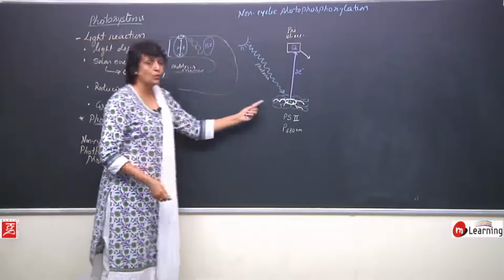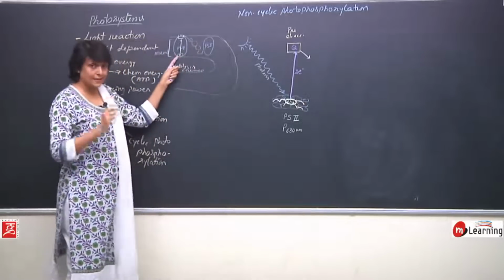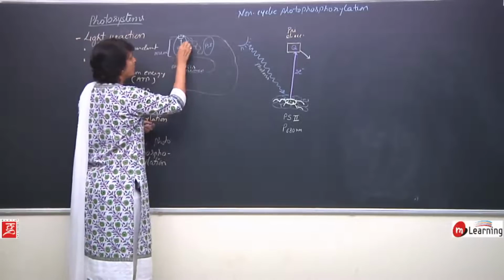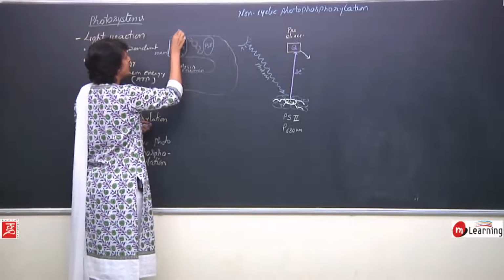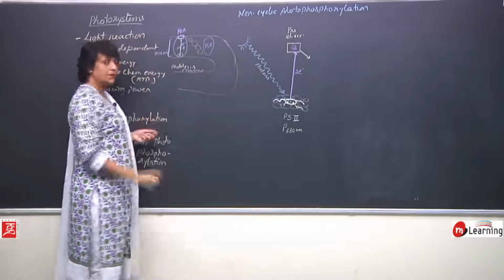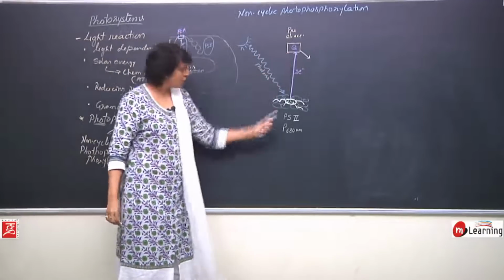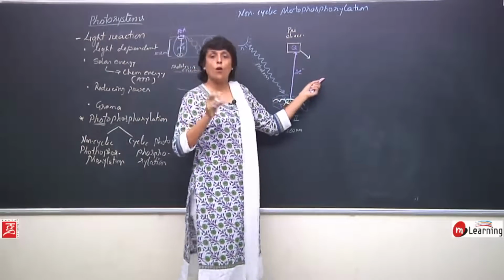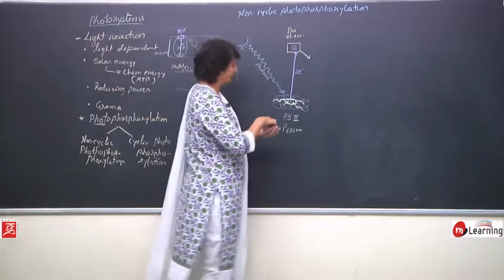What we have shown here in detail is what exactly is in the membrane. From here, the pair of electrons jumps, it is accepted by the primary electron acceptor, that is Q in case of PS2, and now it will pass through a chain of electron acceptors.